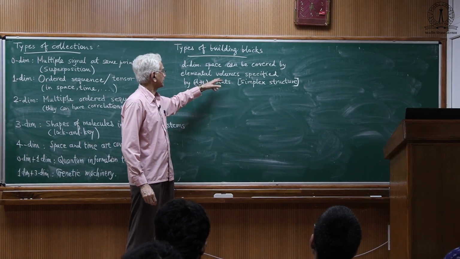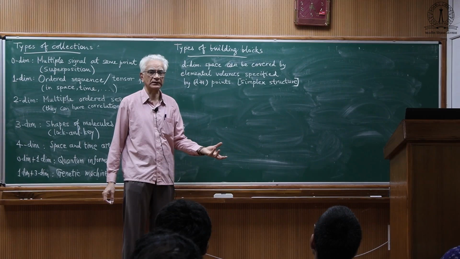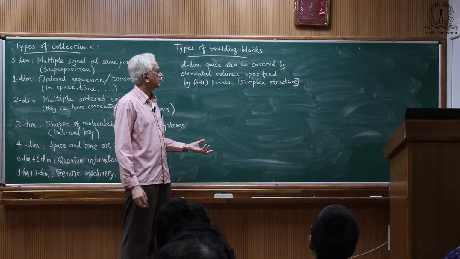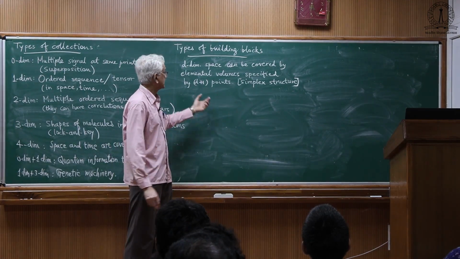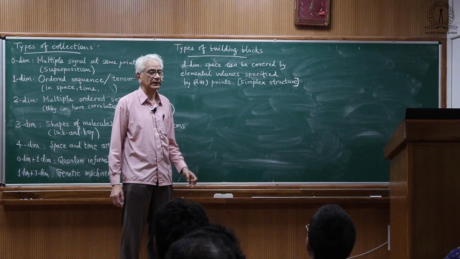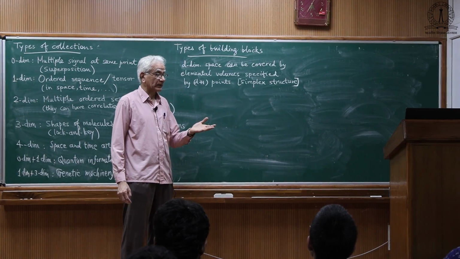It's currently labeled as elemental volume, and in d-dimensional space it basically is defined by d plus 1 points. Okay. So what is it?